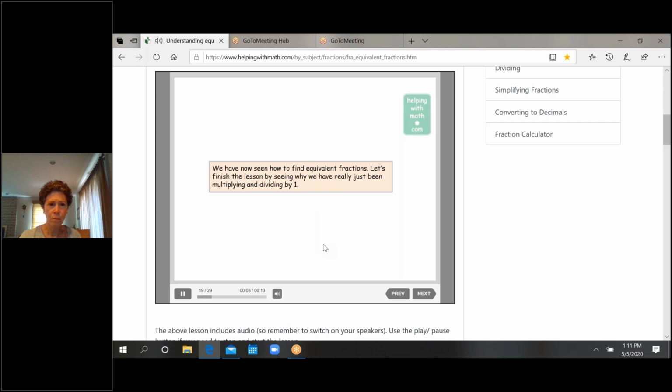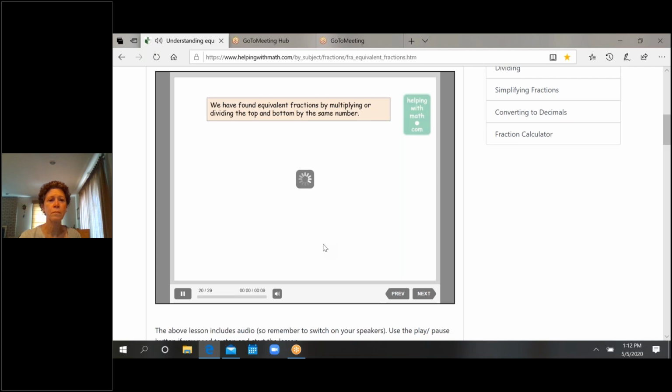We have now seen how to find equivalent fractions. Let's finish the lesson by seeing why we have really just been multiplying and dividing by 1. We have found equivalent fractions by multiplying or dividing the top and bottom by the same number.